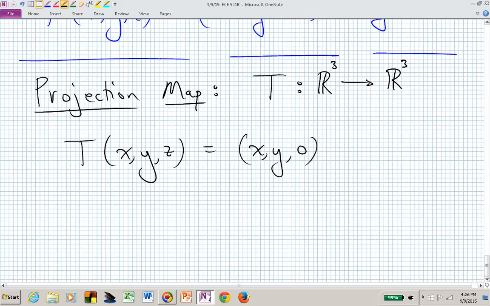Yes? Yes, so this XYZ will give you a unique mapping.